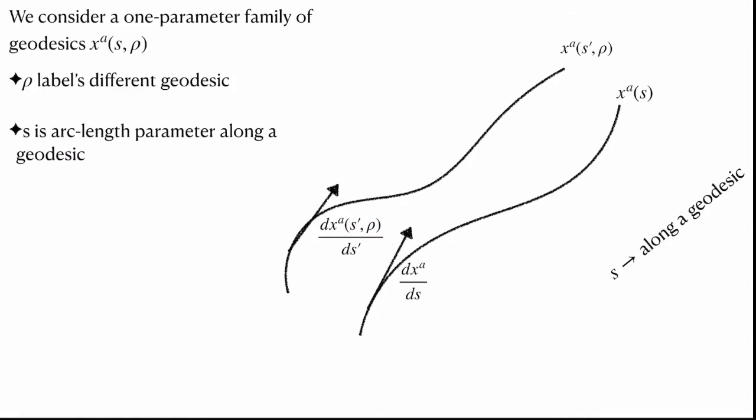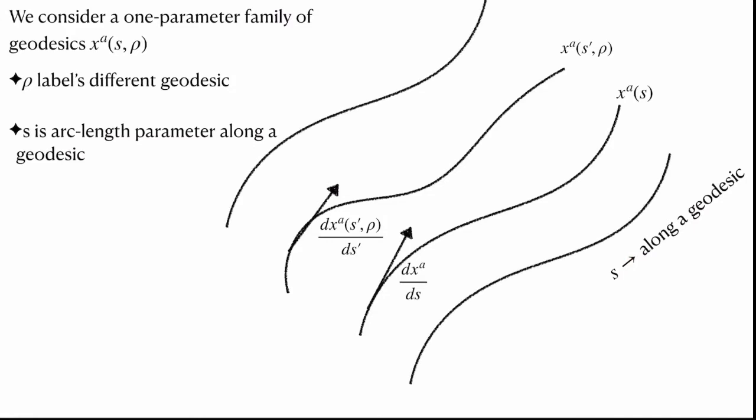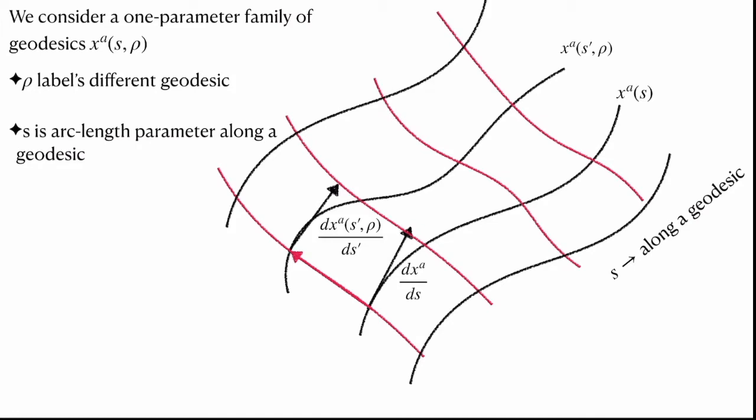So in one direction, we have a geodesic parameterized by the arc length parameter, and in the other direction, we have the set of all geodesics parameterized by the parameter ρ. By changing ρ, we should be able to get different geodesics. So you can have these two families of curves given by ρ equal to constant and s equal to constant, which is a family of surfaces that we are looking at.